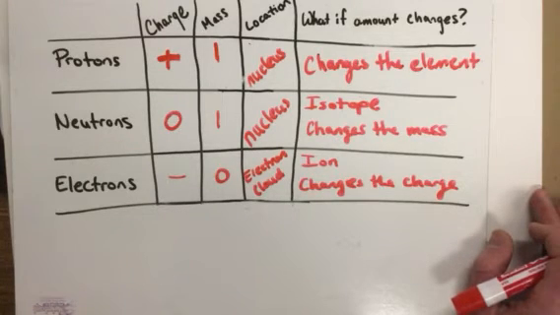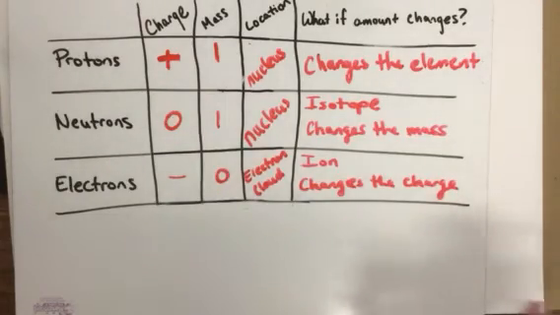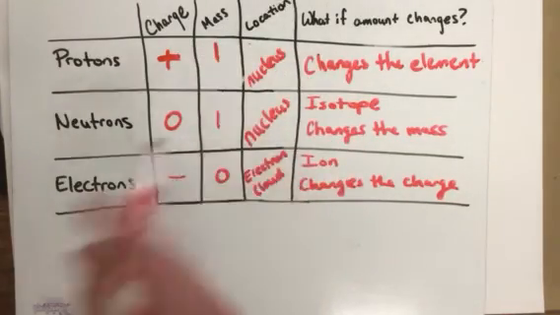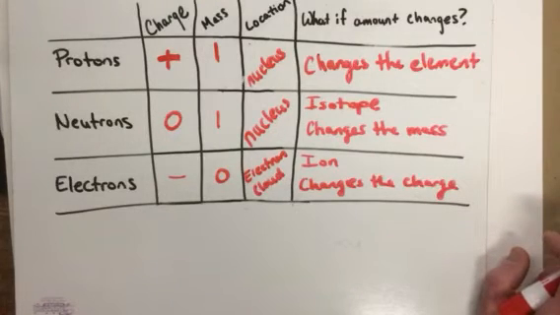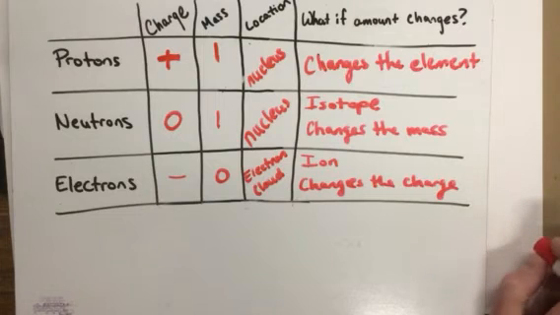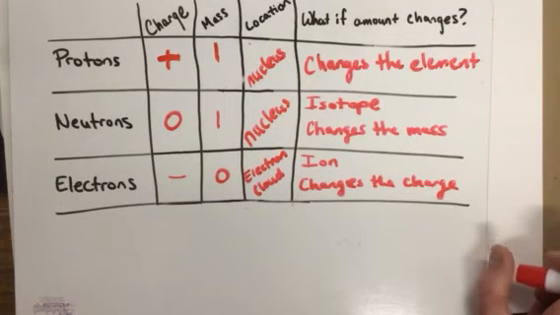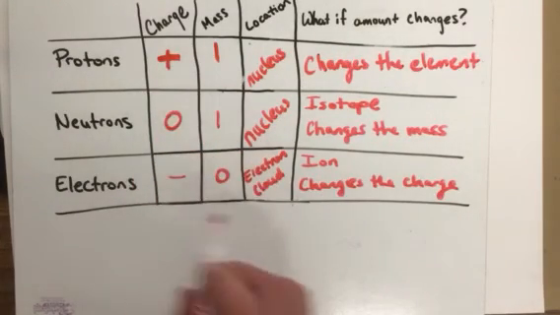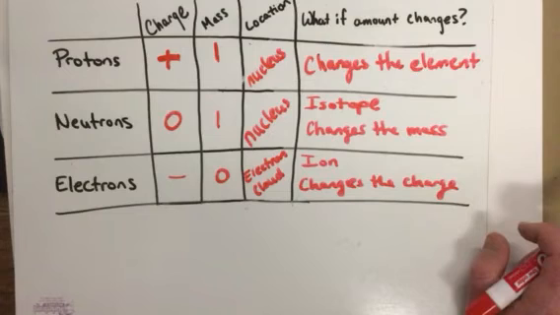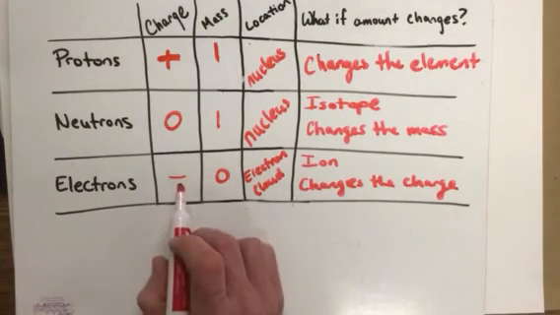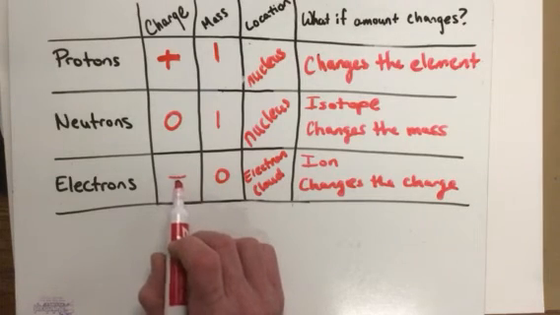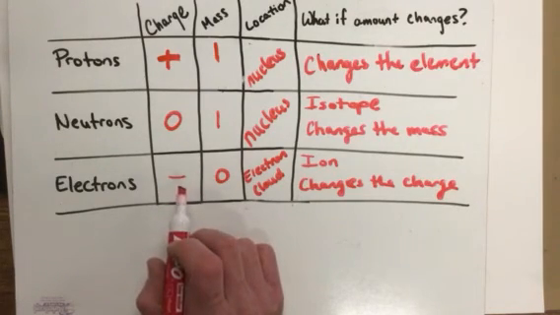That would make it a neutral atom overall, because we'd have 6 of these and 6 of these, so they cancel each other out. But if you were to give carbon an electron, I want you to think about this. Maybe pause the video. If you were to give carbon an extra electron, so now it has 6 protons and 7 electrons, what's going to be the charge on it? The charge would be -1. We gave it an extra electron. We gave it an extra negative charge.